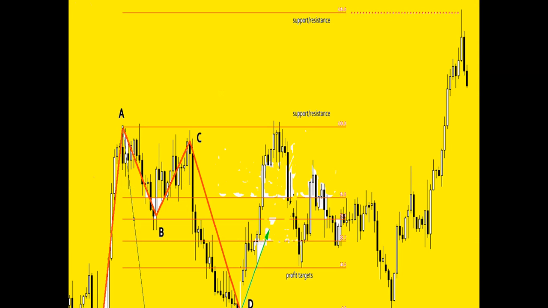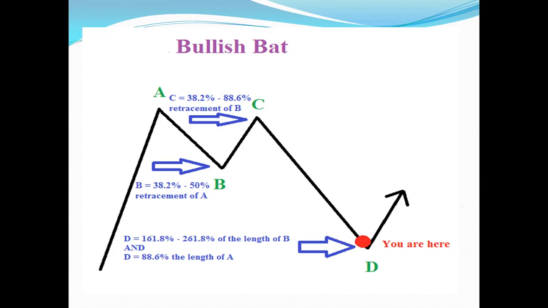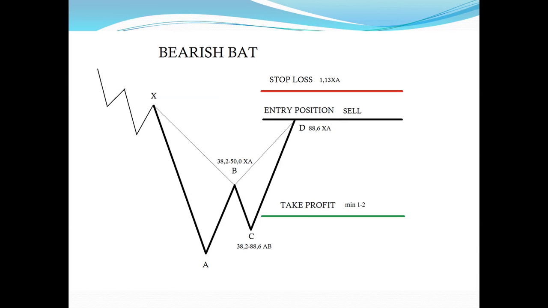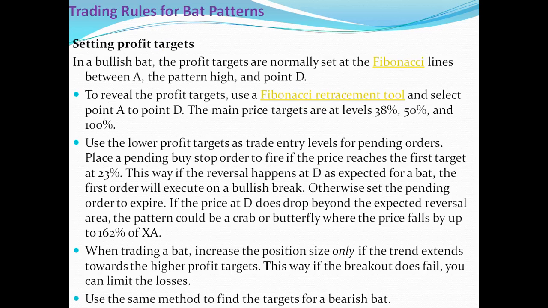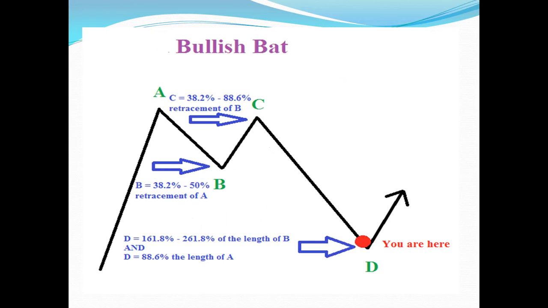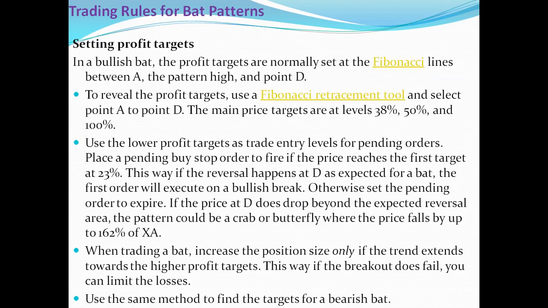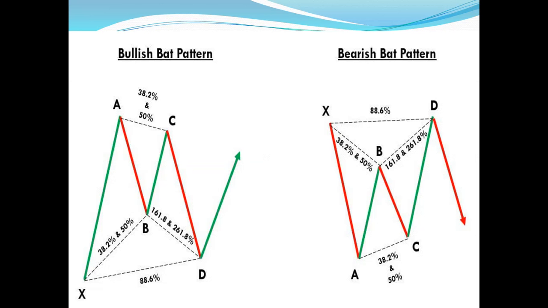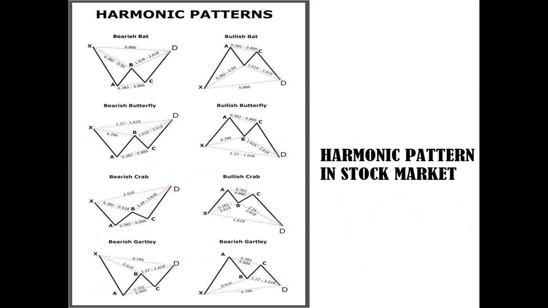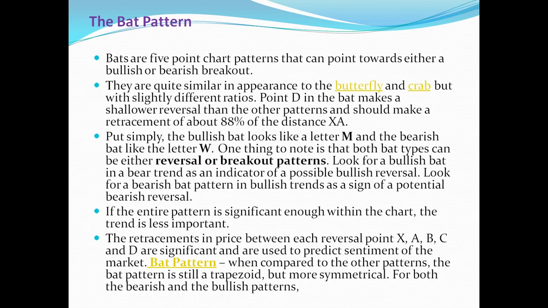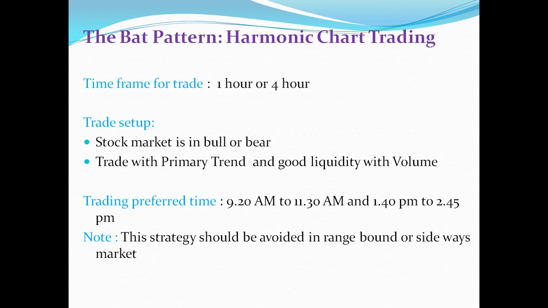Just see the diagram. So friends, you see these two patterns you can use: bullish bat, bearish bat. Then you see the diagram, you can realize bullish and bearish. So friends, you can use this.